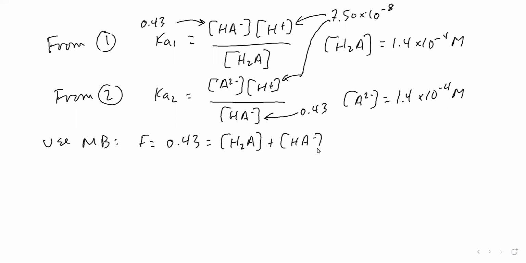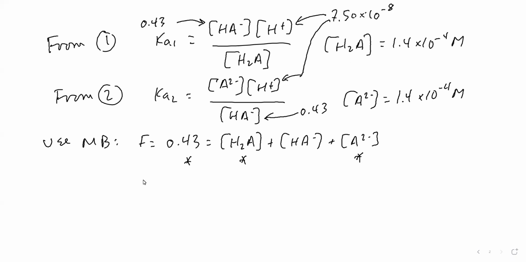We plug in the actual values we got for H2A and A2 minus, and by difference we get HA minus.